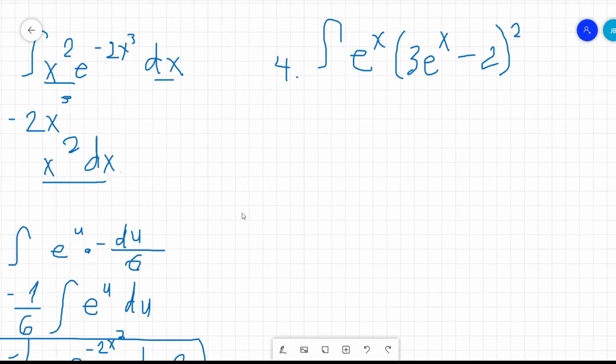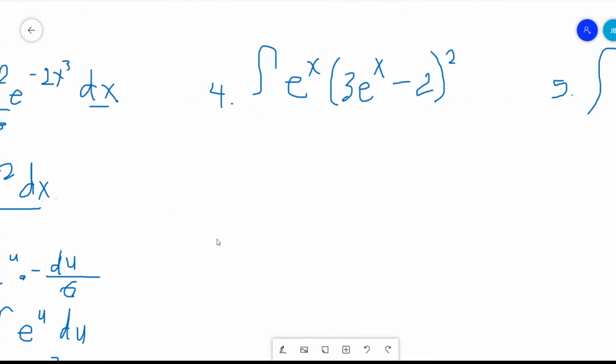Fourth example. Let's say, for example, we have the integral of e^x times (3e^x minus 2) squared. Okay, how should we answer this one? We are going to let u be, let's try, 3e^x minus 2.